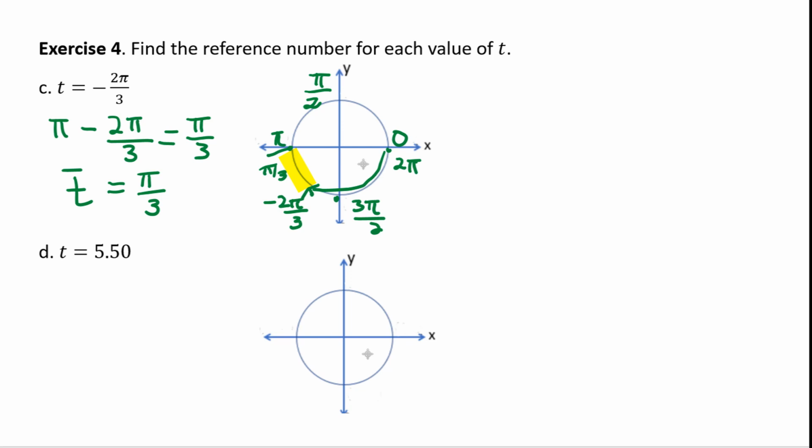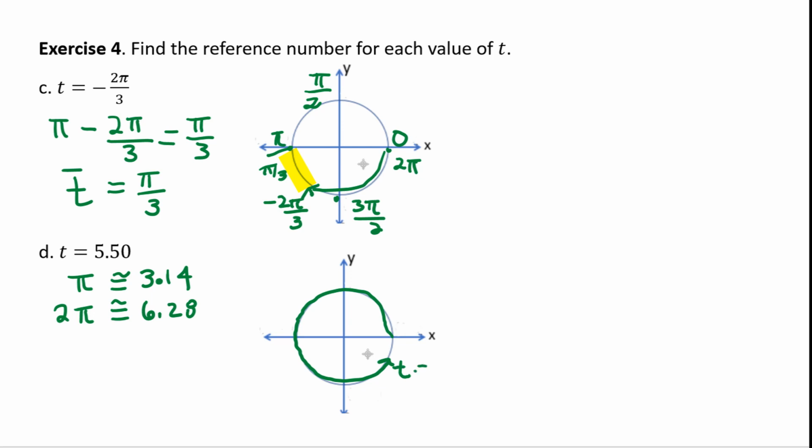D. t equals 5.50. The best that we can do here is use an approximation. So we'll use pi is approximately 3.14. Then 2 pi would be approximately 6.28. Letting t equal 5.50, traverse the counterclockwise direction to the fourth quadrant at t equals 5.50.